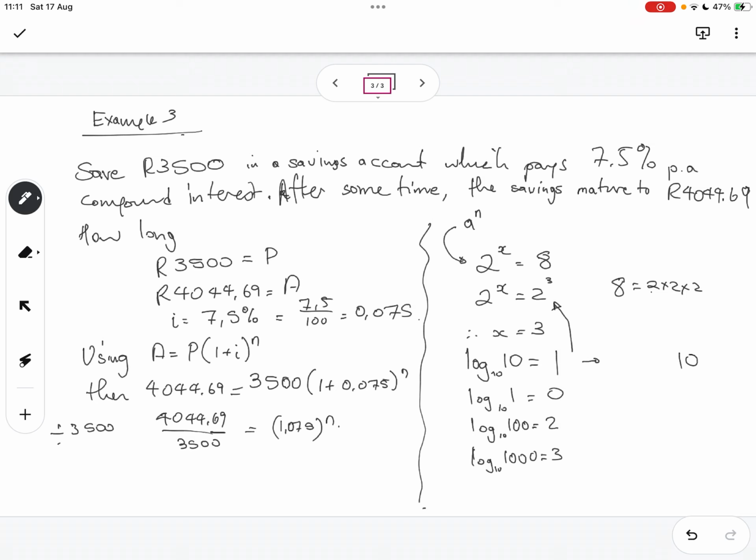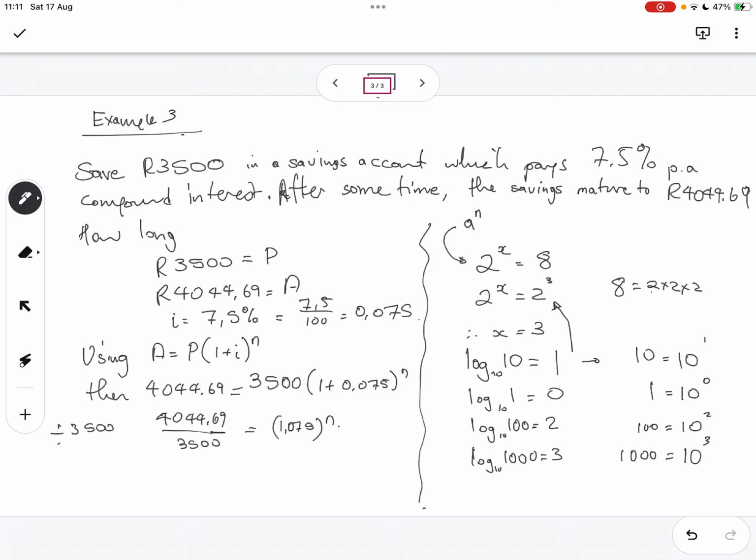So this means the base of 10 when raised to the power 1 equals 10. The base of 10 when raised to the power 0 equals 1. And of course, every number raised to the power 0 equals 1. Remember that was from exponents. The base that we must raise to the power 2 gives us 100. The base of 10 that we must raise to the power 3 gives us 1,000. So that's how logs work.